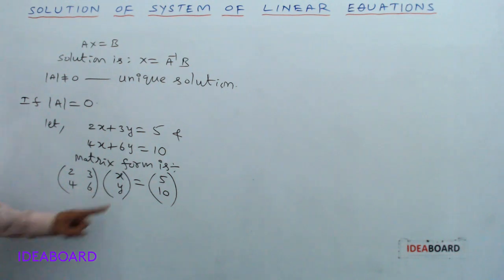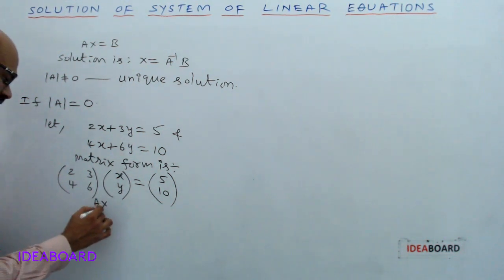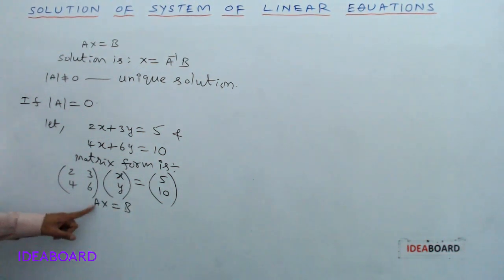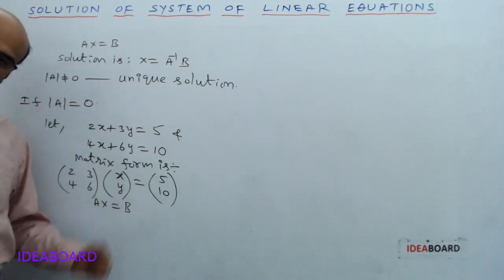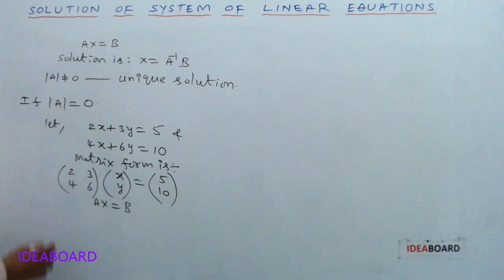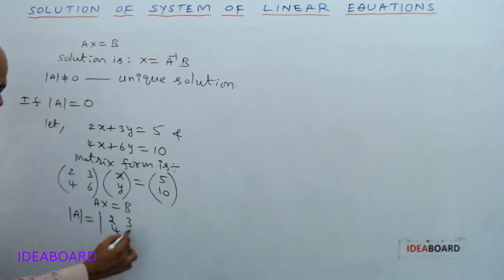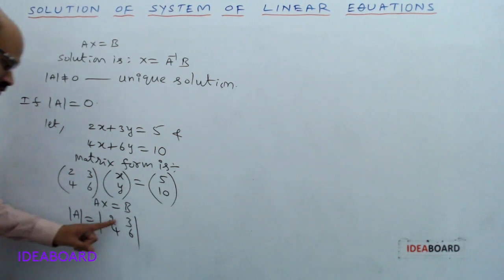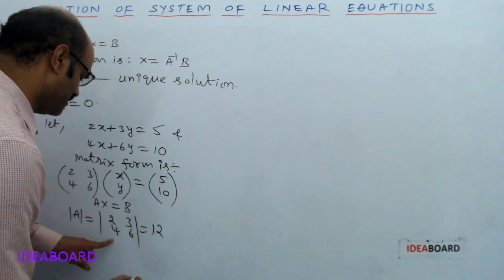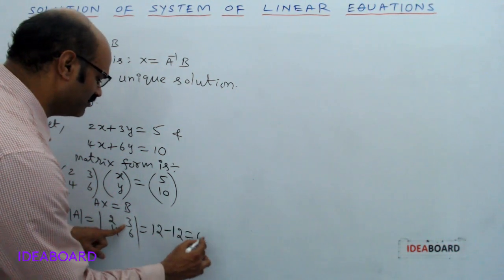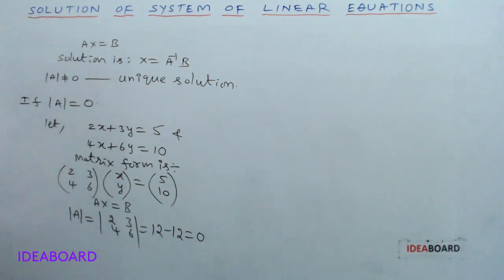Now this can be written as Ax equal to B. Let A equal to this matrix, x equal to xy, B equal to 5, 10. Now here det A equal to the determinant of 2, 3, 4, 6, equal to 2 into 6, 12, minus 4 into 3, 12, equal to 0. Now here we are getting det A equal to 0.